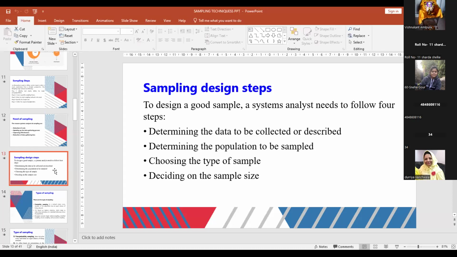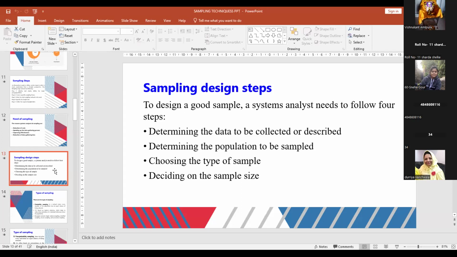I'll discuss later on the types of sampling methods. So we should try to understand which sampling technique is very useful for collecting the data. So choosing the type of sample, and another thing, deciding on the sample size.